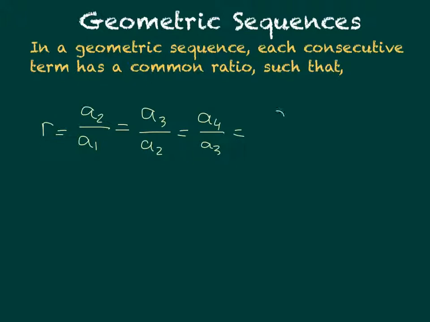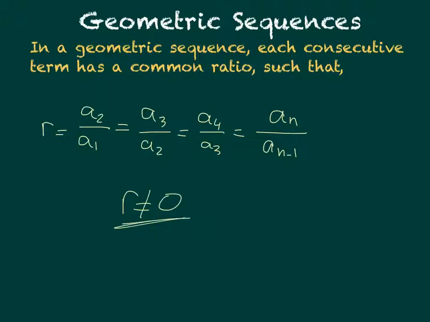It's going to go all the way to whatever a sub n term you have divided by your a sub n minus 1 term, the one right before it. And as I said, that is going to be equal to r, as long as r does not equal 0.